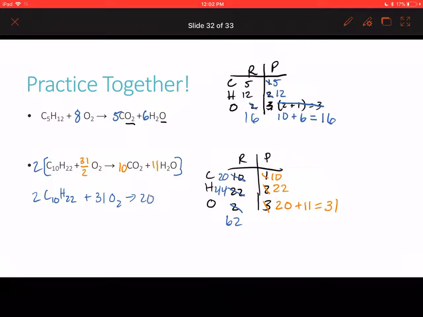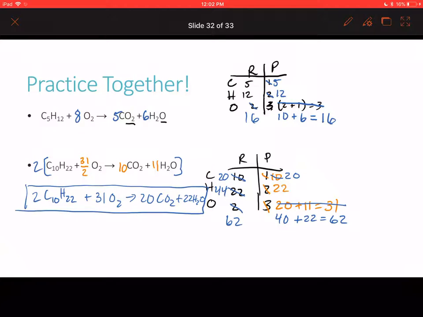I'm going to have 20 carbon dioxides, so now I have 20 carbons there, and that's going to give me 40 oxygens, and 22 waters. I'm running out of space, sorry. So that is 22 oxygens there, for a total of 62. So that is how I balance those. Oftentimes, if you find out that you're going to have an odd number of waters, you're going to have to apply this technique.